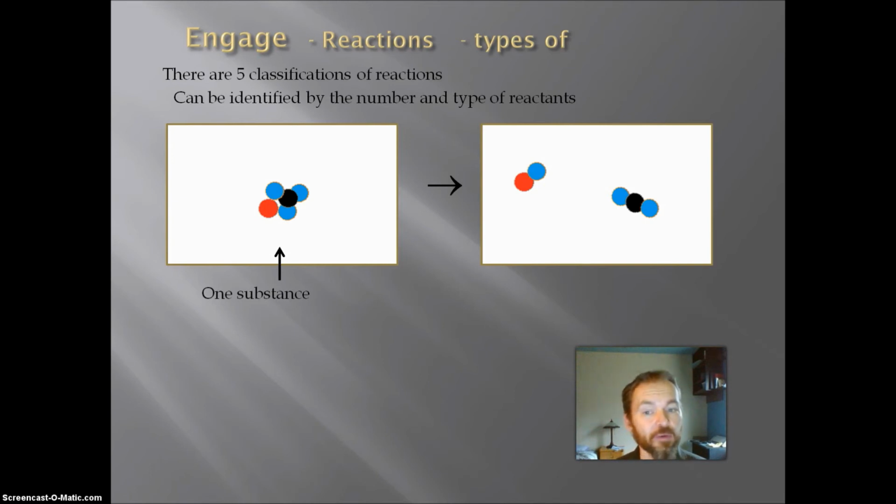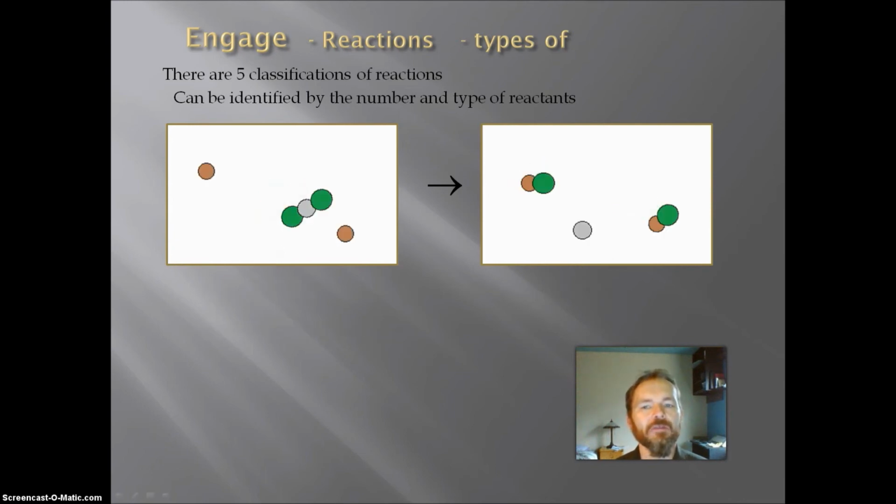But we start out with only 1 substance. On the product side, we have 2 substances. One is made of 1 red sphere and 1 blue sphere. The other is made of 2 blue spheres and 1 black sphere. So if we have 1 substance going to 2 substances, we have more products than reactants, so that is going to be a decomposition reaction.